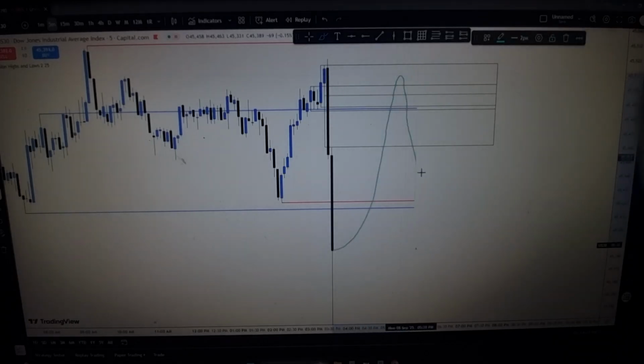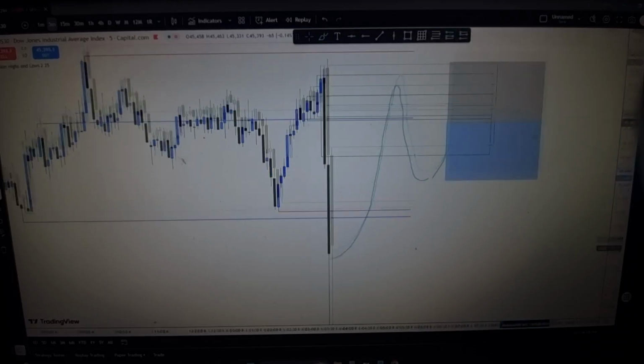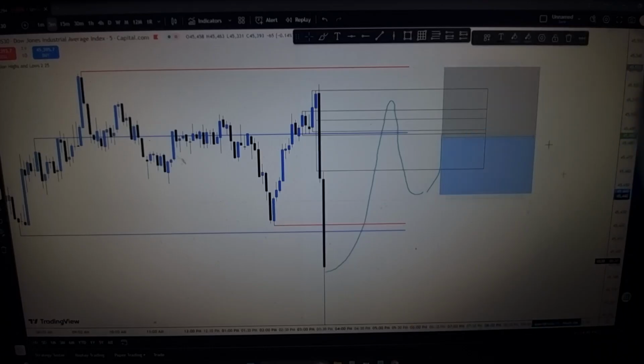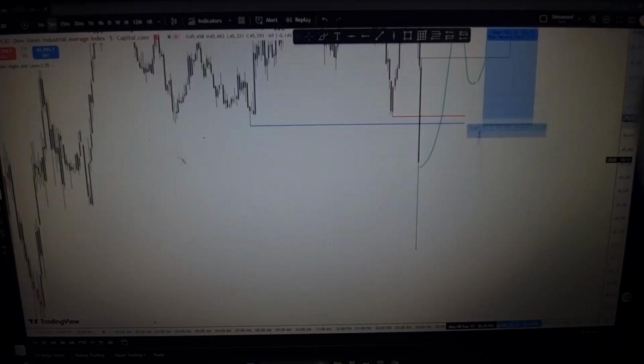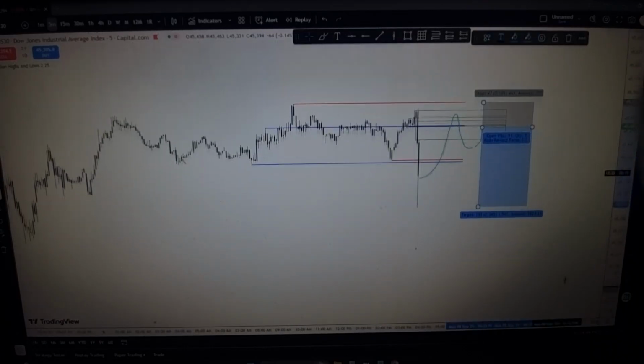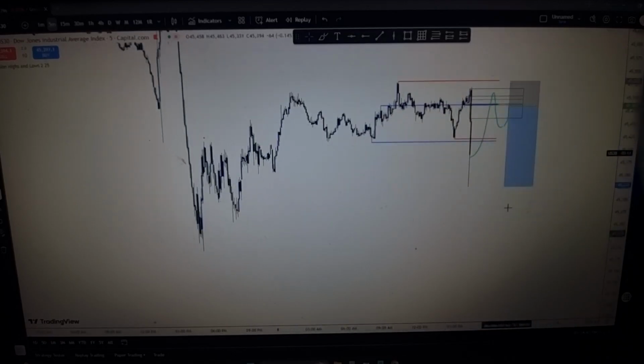retracement into it, down for our confluences, retrace into our confluences, and then we're going boom, boom, targeting all these lows over here. You see what I mean? Because these are very good draws on liquidity.